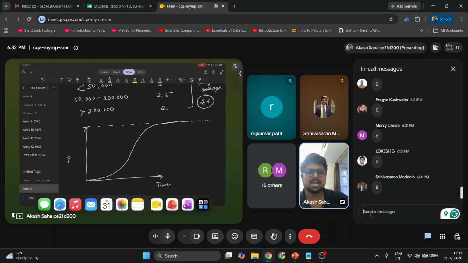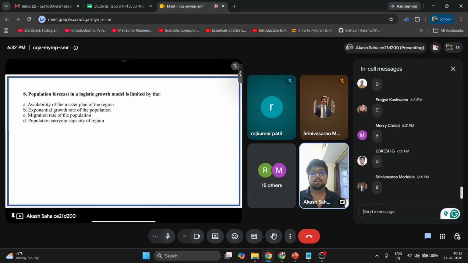So we have developed several formulas for this also. The correct answer is option D. The population carrying capacity of the region is the limiting factor of the logistic growth model. In other methods, you will see with time the population will keep on increasing, be it arithmetic increase, geometric increase, or whatever.